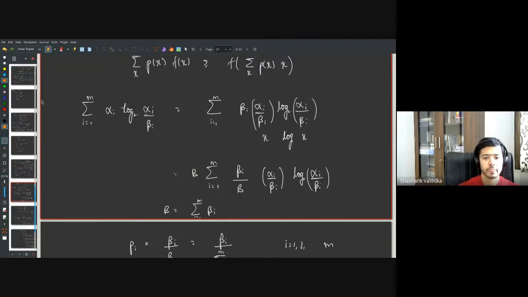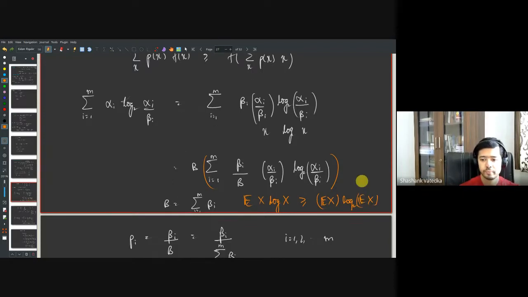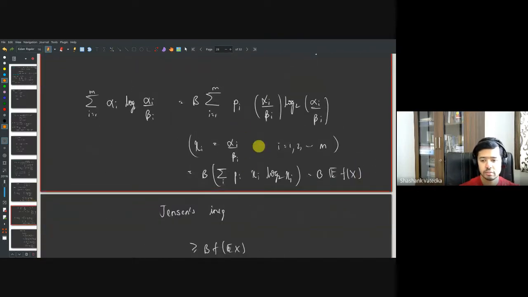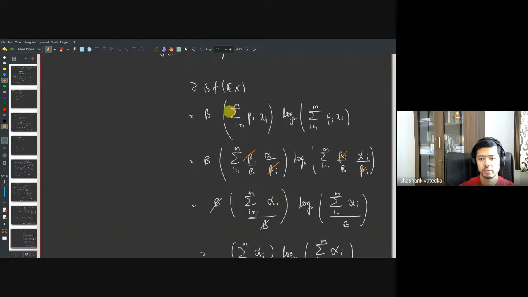So now this particular quantity is in the form expectation of x log x. And I use Jensen's inequality to say that this is greater than or equal to expectation x log expectation of x, which is precisely this particular quantity.